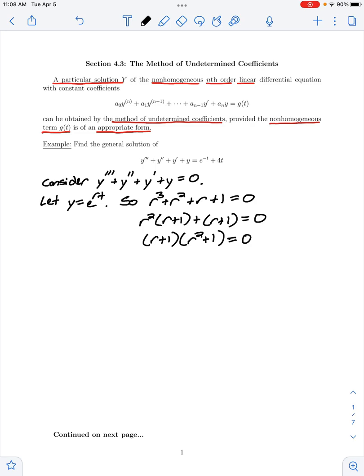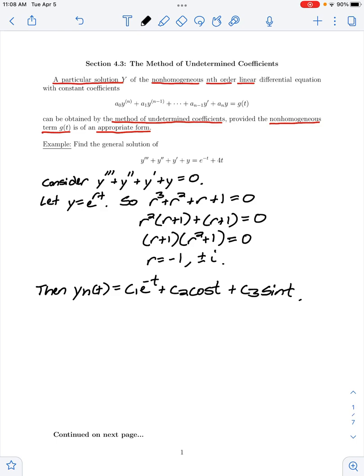So it follows that my roots are r equals negative 1 and plus or minus i. So for these roots, the general solution of the homogeneous equation, or homogeneous solution, would be c1 e to the negative t plus c2 cosine t plus c3 sine t.